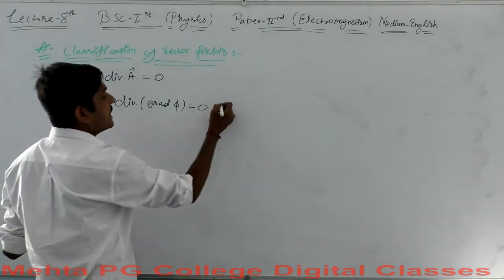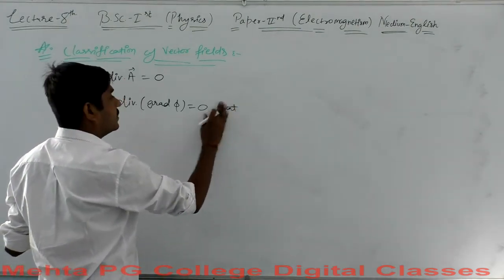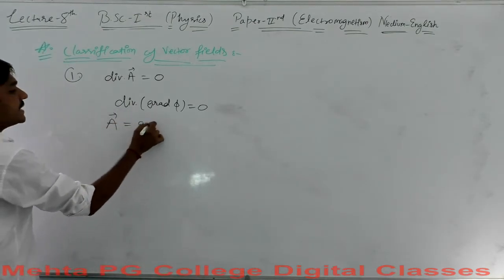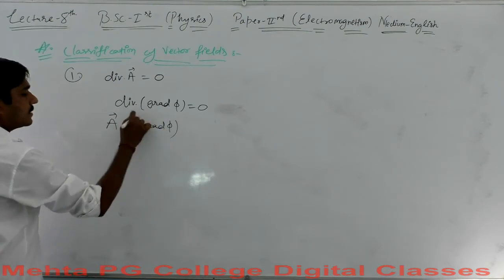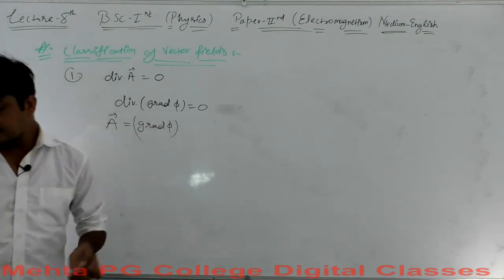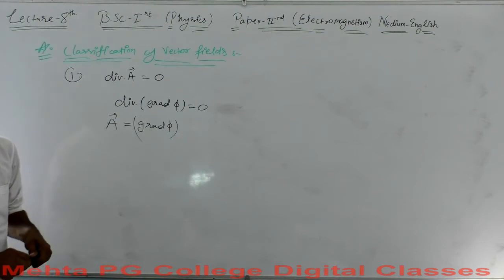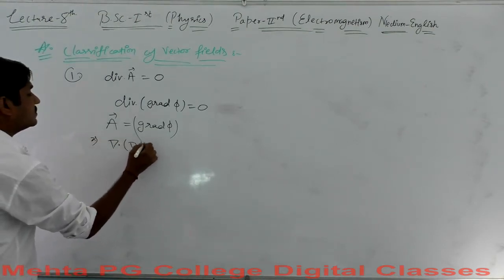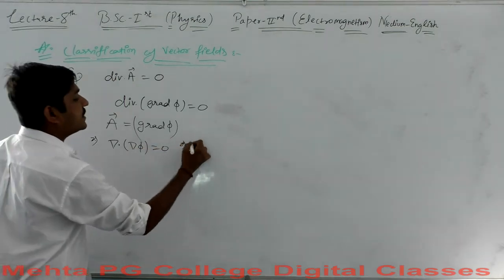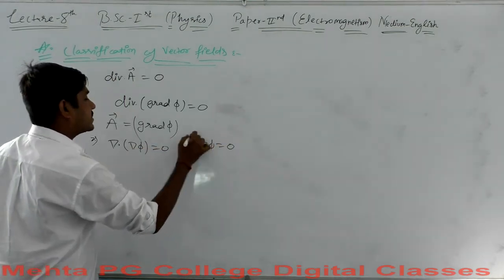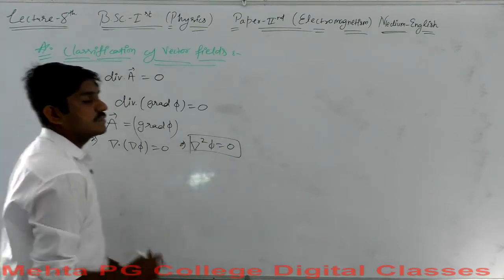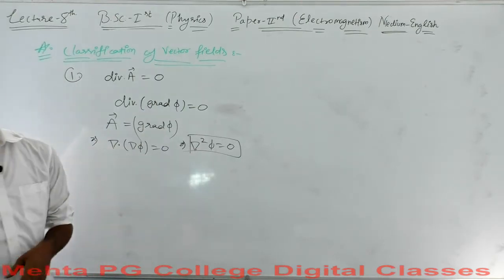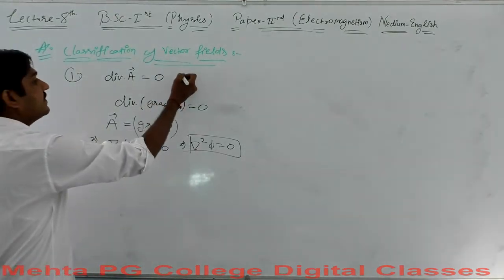So simply you can say that a vector A is equal to the gradient of some quantity, and for this quantity del dot del phi equals 0, and simply del square phi approaches 0, and this kind of vector is called a solenoidal vector.